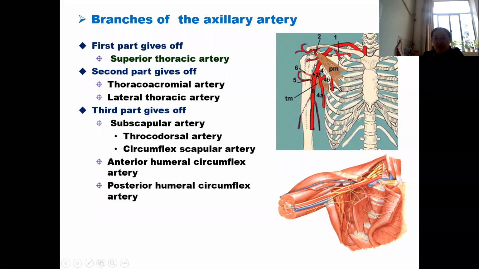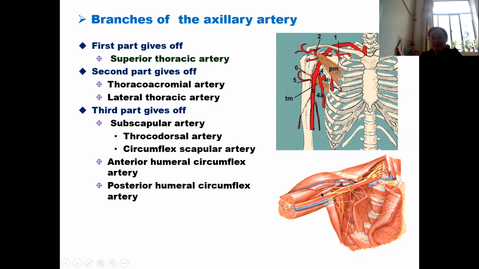It gives off the anterior and posterior circumflex artery of the humerus and the subscapular artery. The subscapular artery is further divided into the circumflex artery of the scapula, which passes through the trilateral space, and then the thoracodorsal artery supplies our latissimus dorsi here, this one.